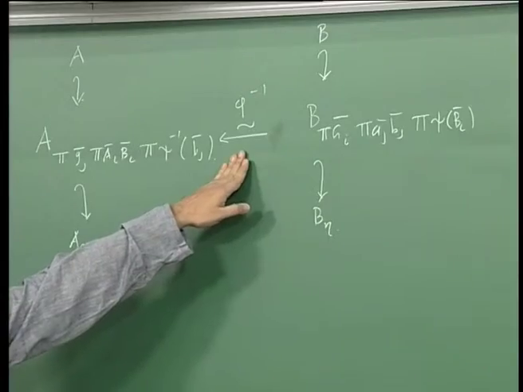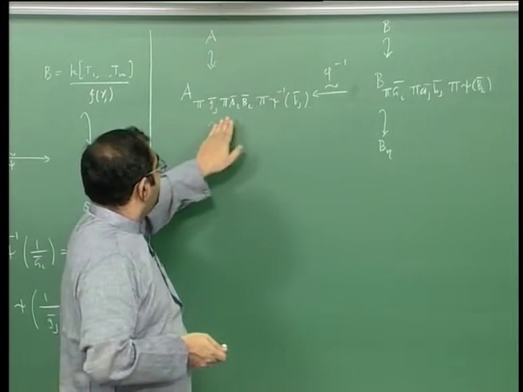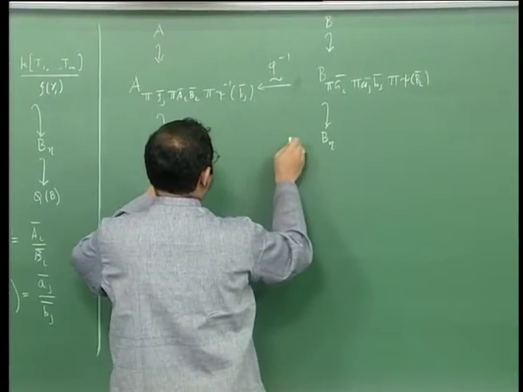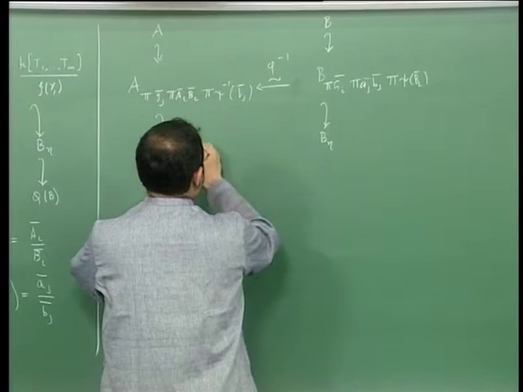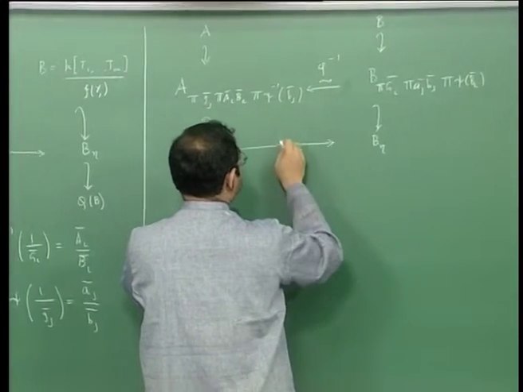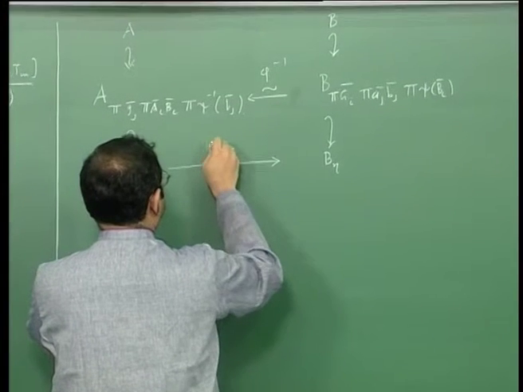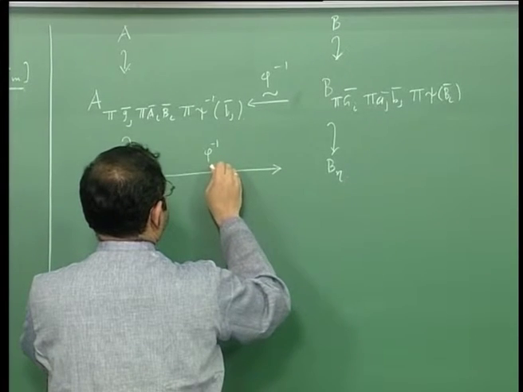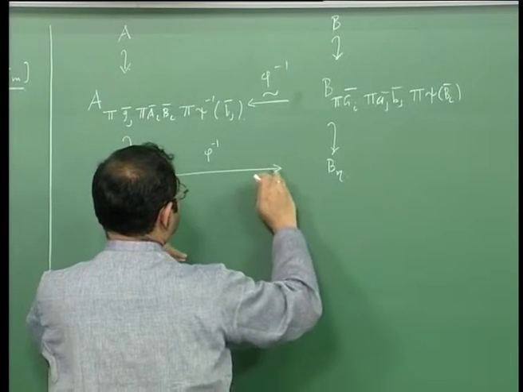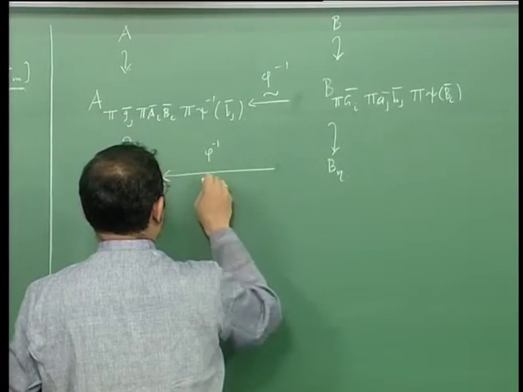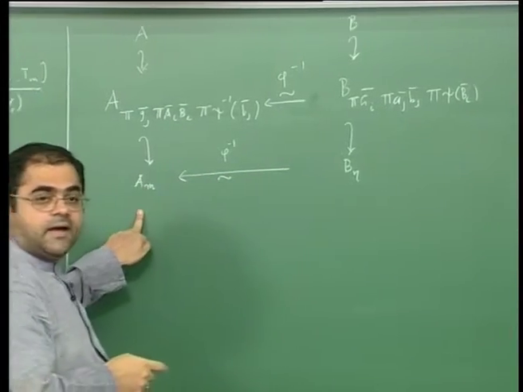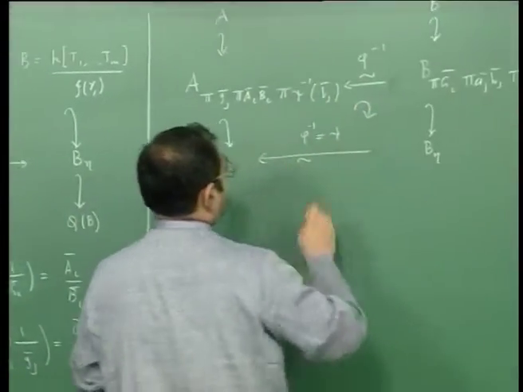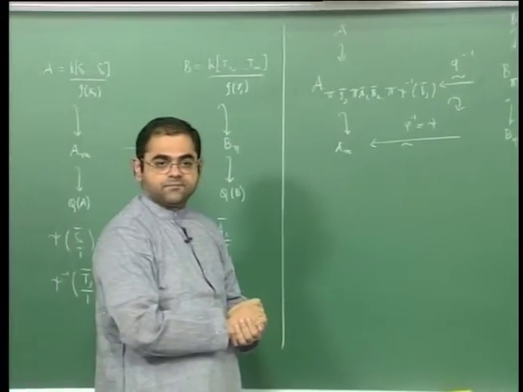Phi inverse just comes because of the universal property of localization and the way in which these are defined. What this phi inverse will do is that it will also induce an isomorphism here, and this isomorphism will be the same as the isomorphism psi you started with. So you will get something like this.